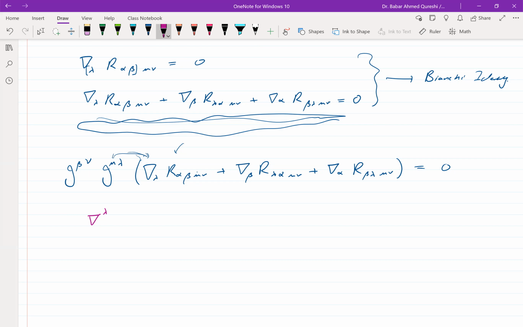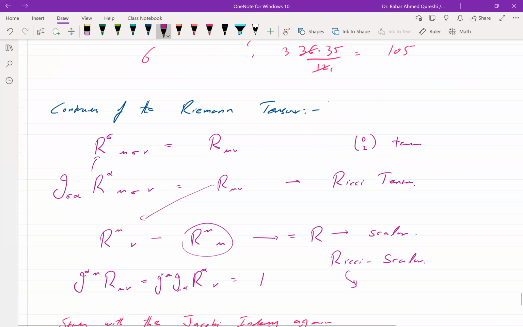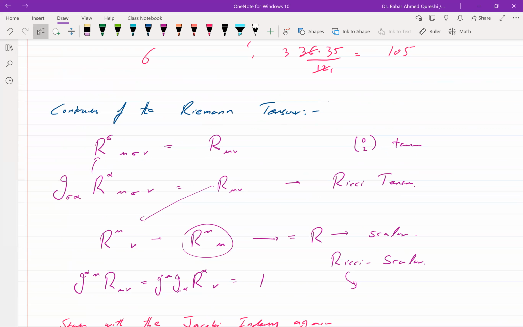So I get, when I contract the second and the third, remember what was here. If you contract the first and the third, you have this mu nu.